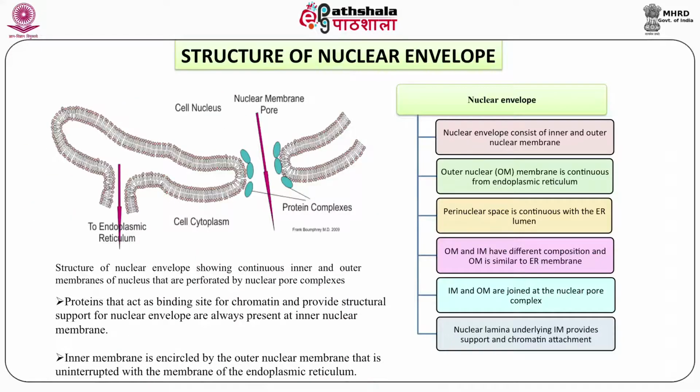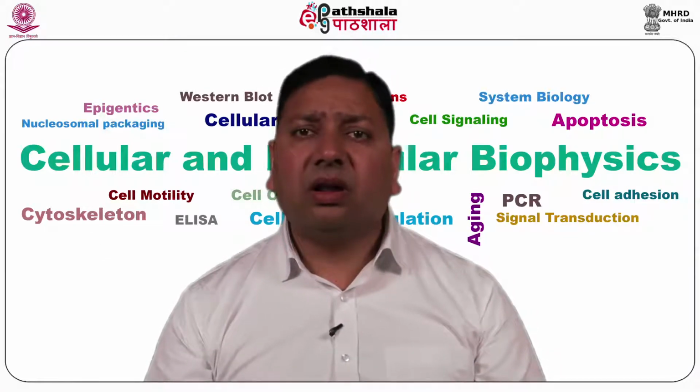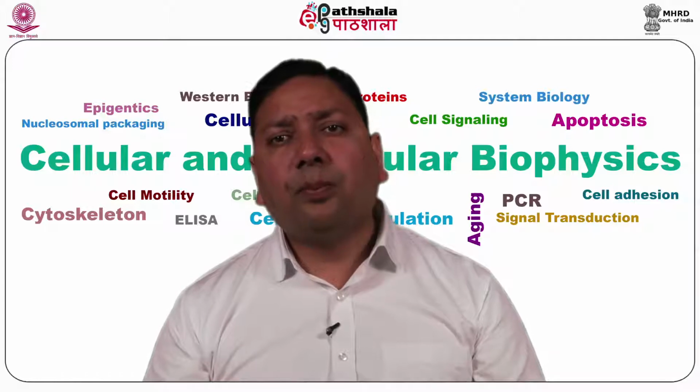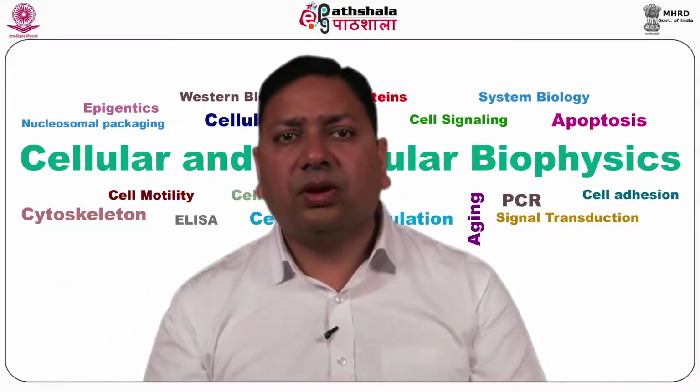The inner nuclear membrane is encircled by the outer membrane, which is continuous with the membrane of the endoplasmic reticulum. The outer membrane is attached with ribosomes and engaged in translation. Proteins translated on this continuous membrane are transported to the perinuclear space between the inner and outer membranes.